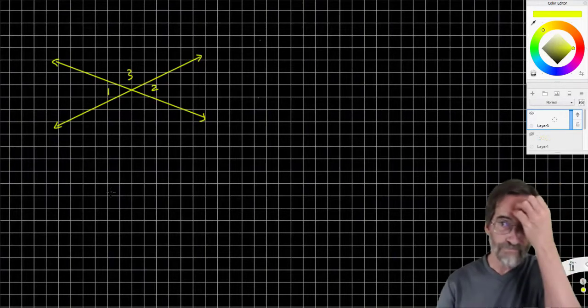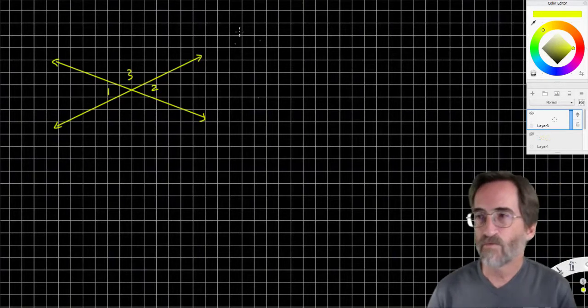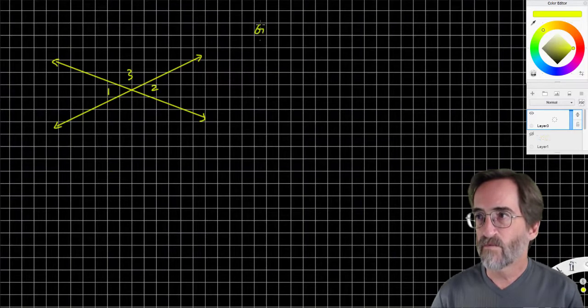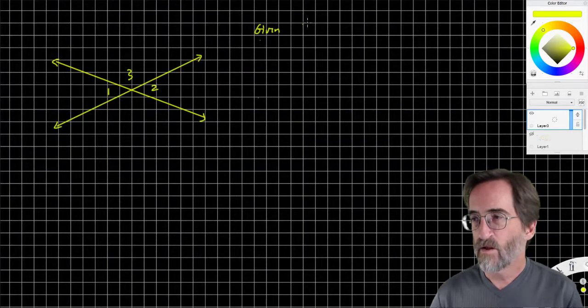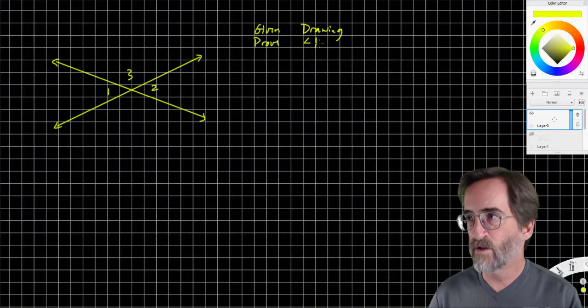We're given the drawing. We want to prove that the vertical angles are congruent. So prove angle 1 is congruent to angle 2.